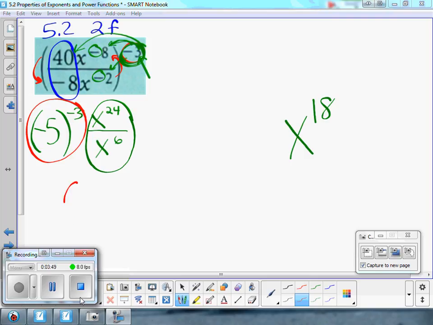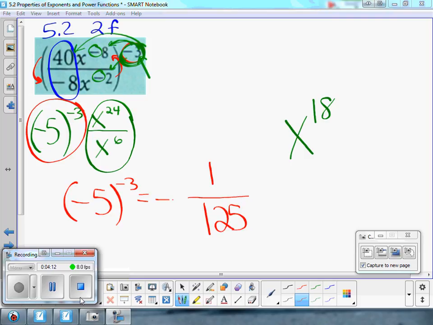So if I just asked you what -5 to the -3rd was, you should know that it's negative because it's cubed. It's 3 times, right? It's going to be a fraction because of the negative exponent. And it's going to be 5 cubed, which is 125.